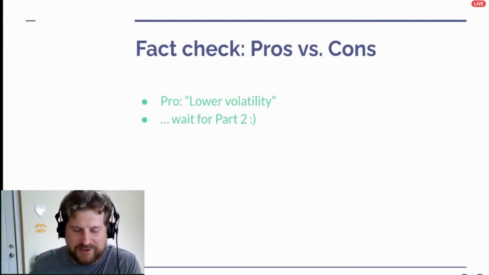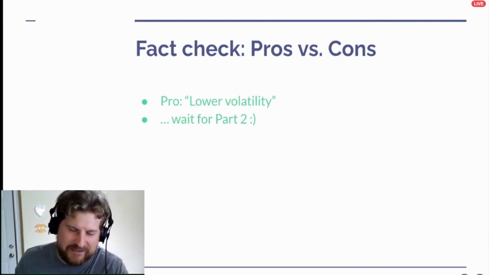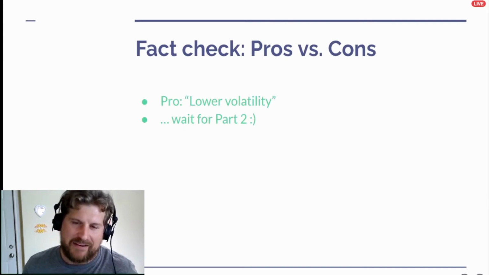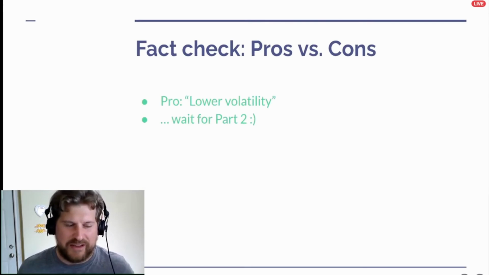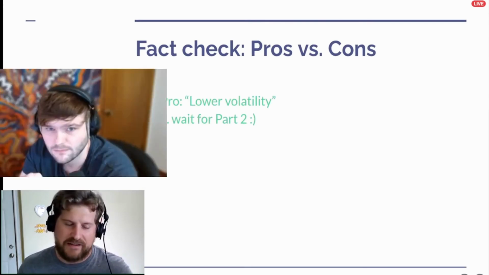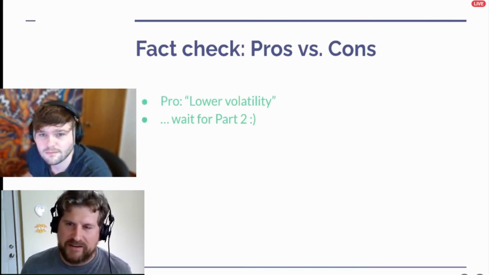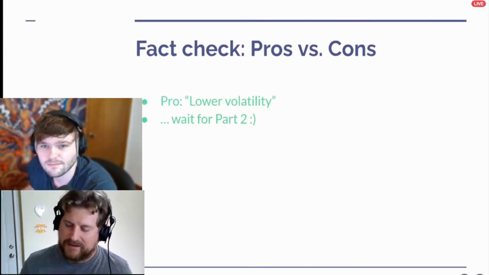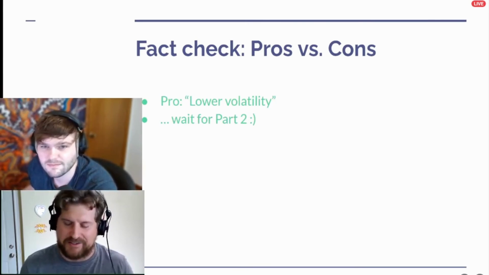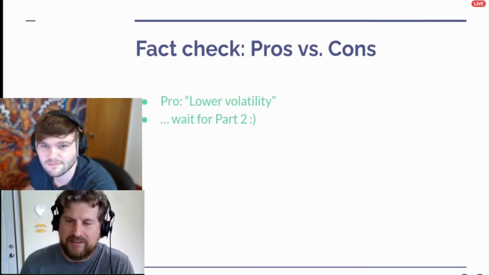But it also dampens the implied volatility and vega impacts, and we're going to talk about that in part 2, where we get a little bit more in depth on the volatility profile of a call debit spread, and why it is mathematically less volatile than buying an outright call.